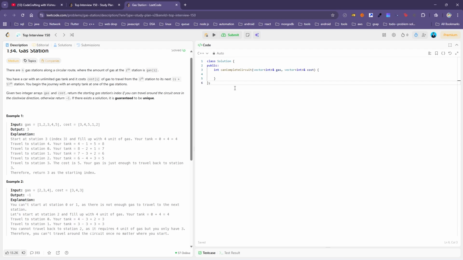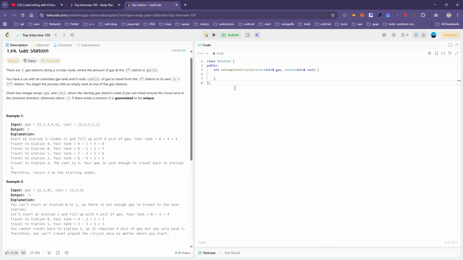So as per the question, we have to find the starting index. So what if we check every index, and if we find that we start at the ith index and are able to reach the ith index again after traversing the whole circle, then we can return that index, because if the solution exists, it is guaranteed to be unique.